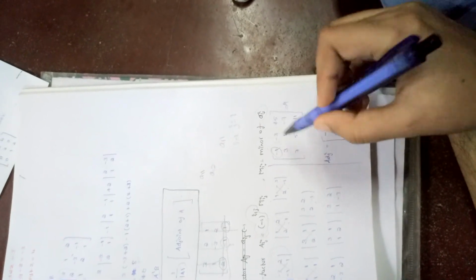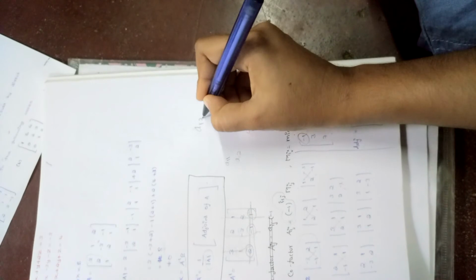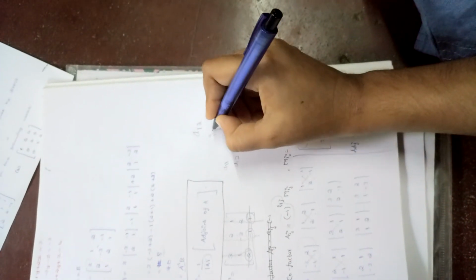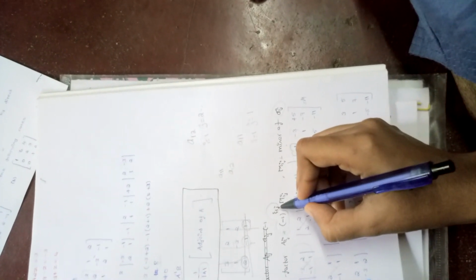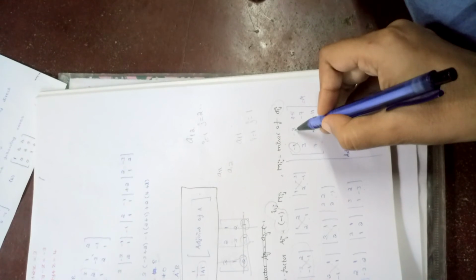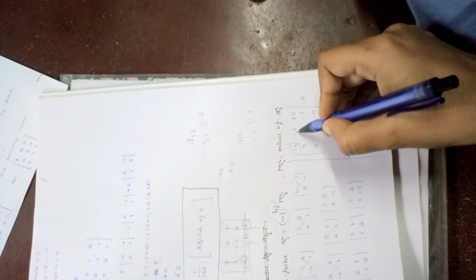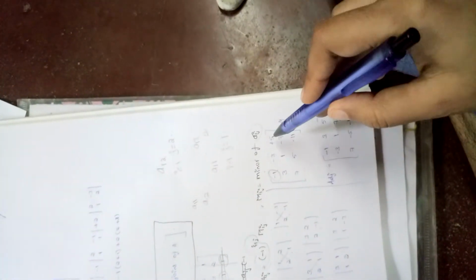For this position, first row, second column, i is equal to 1 and j is equal to 2. So 1 plus 2 is 3. Minus 1 power 3 is minus 1. So multiplying minus 1 with minus 3, we get plus 3. This position is A13. 1 plus 3 is 4. So minus 1 power 4 is plus 1. So 5 remains as it is.